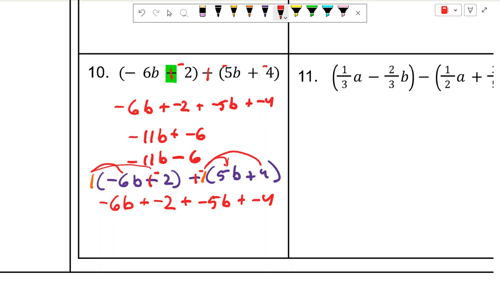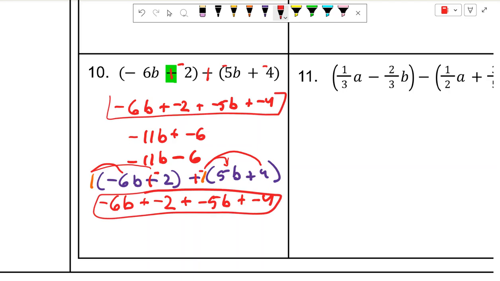And you can see it's the same as we had up top. This line right here is the same as here. So you can use the way you like. If you have trouble understanding distributing this minus sign right here into all of that, I would suggest using the identity property of multiplication.